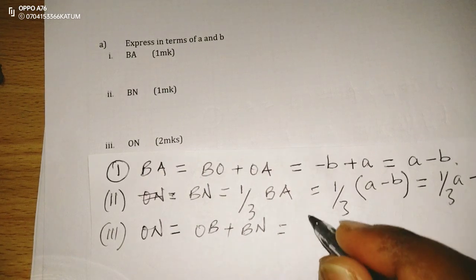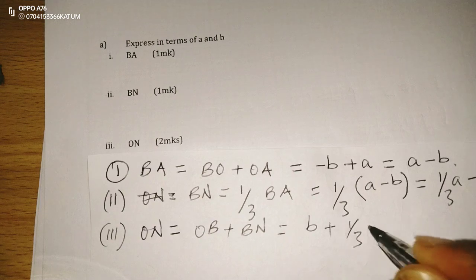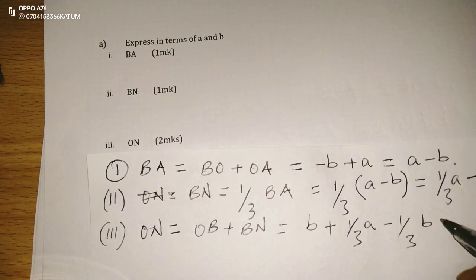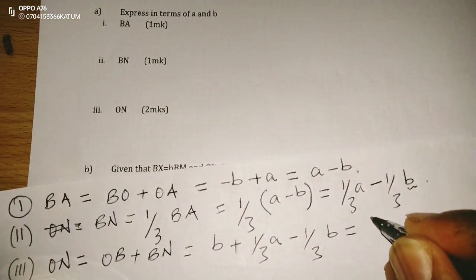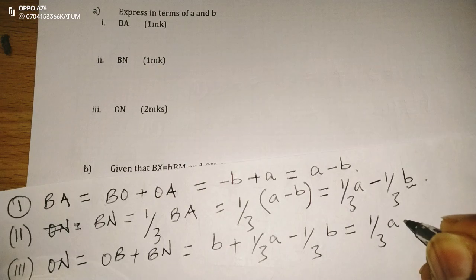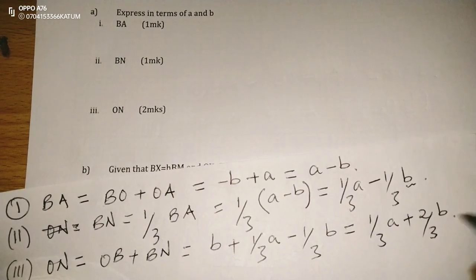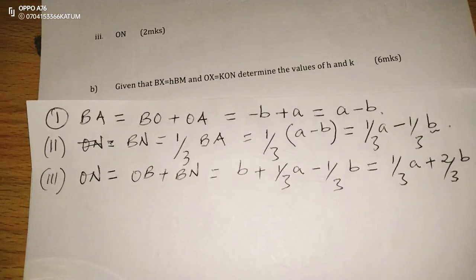So OB is vector B plus BN, which has already been determined up there. So instead of BN, we write a third A minus a third B. So the B's can combine so that we have a third A plus 2/3 vector B. So the vectors have now been determined.